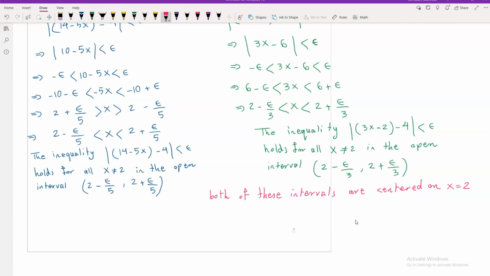So both of these intervals are centered on x equal to 2. Since this interval is fully contained within the interval that we have here on the right side, absolute value of f of x minus L less than epsilon holds for all values of x not equal to 2 within this smaller interval.